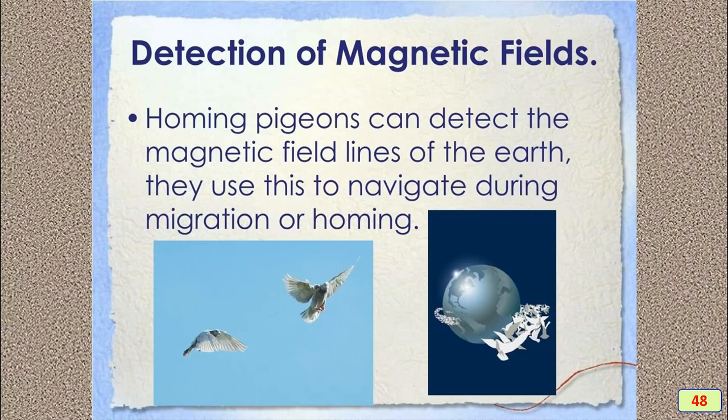Whereas magnetic fields are also sensed by some of the birds, especially pigeons, which can detect the magnetic field. Of course, human beings are unable to detect the magnetic field and the lines of the earth, and birds use this to navigate during migration for homing.